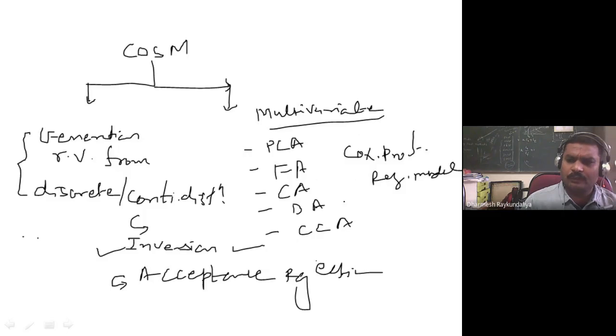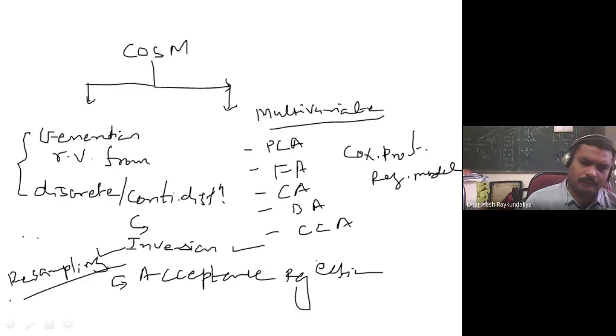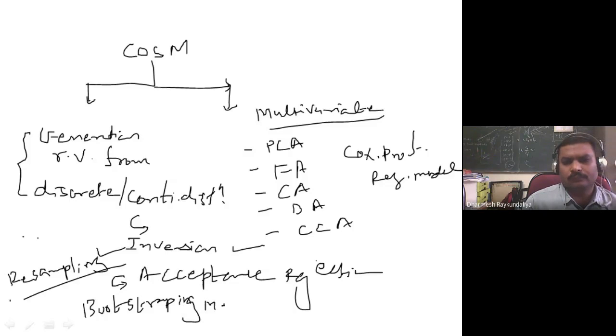So these six techniques we will see in the multivariate analysis. And one more technique is the concept of resampling, where we will see the bootstrapping method. That will be entirely covered in the COSM part.